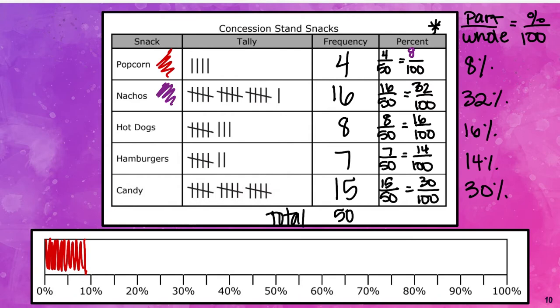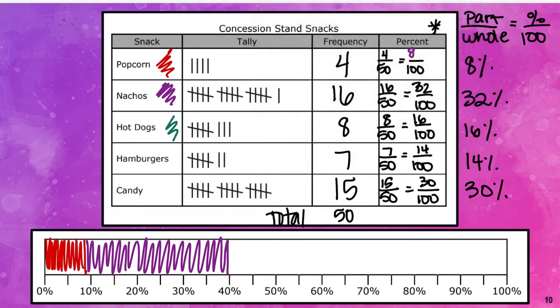Well, if I'm starting at 8% and I need to add on 32%, that will take me all the way to 40%. Hot dogs, which are 8 out of the 50, make up a whopping 16% of our concession stand snacks. So if I'm starting at 40, which is where I left off, and I'm increasing by 16%, that will take me to 56%.